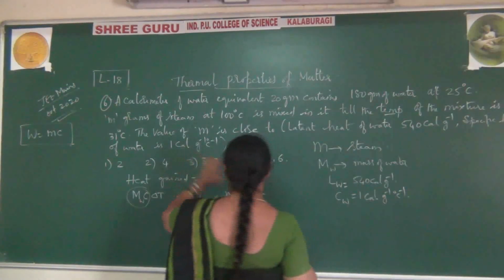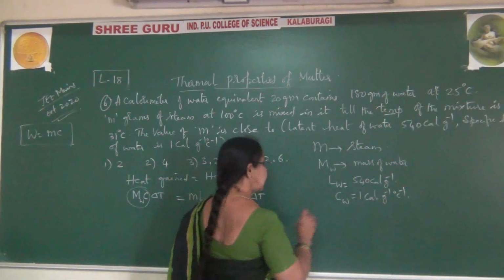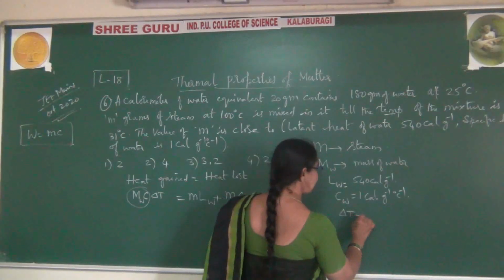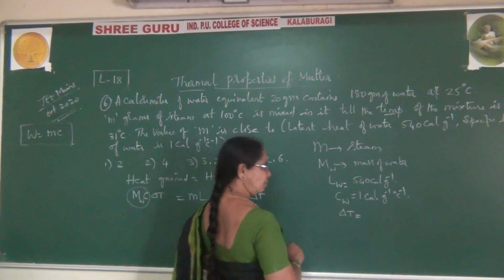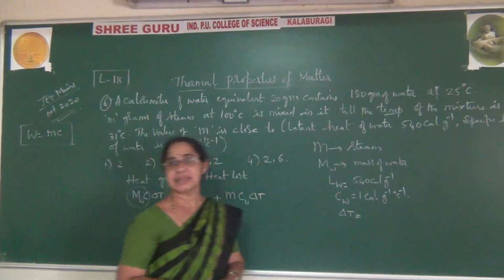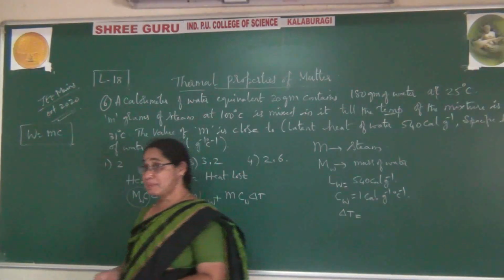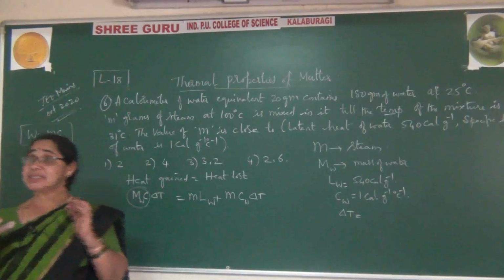What is delta T? Delta T is the change in temperature. Earlier it was 100 and it has reached the resulting temperature of 31 degrees. But remember, here we have taken the container steam.